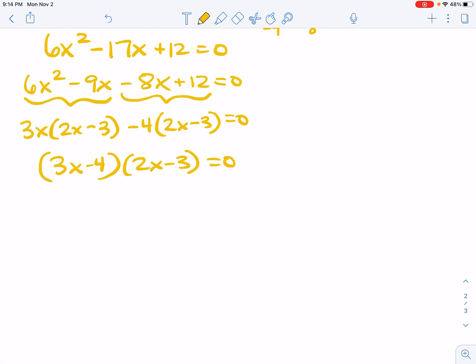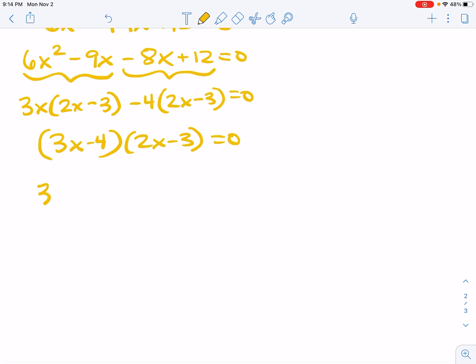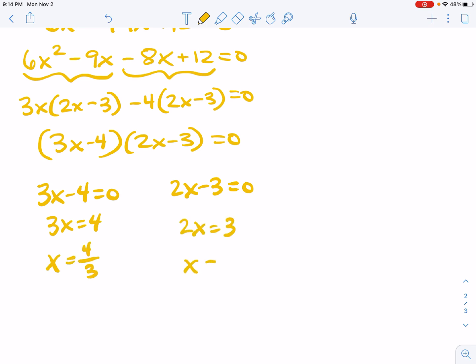So now I just set each factor equal to 0. So 3x minus 4 is equal to 0, and 2x minus 3 is equal to 0. So that means 3x equals 4, which means x is 4/3, or 2x is equal to 3, making x equal to 3/2. And so those are my two values of x.